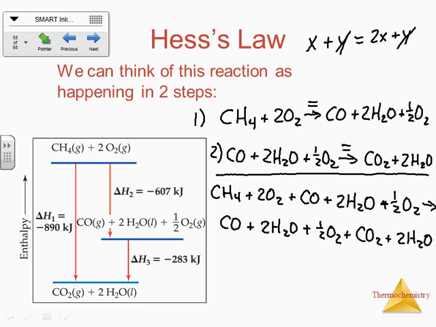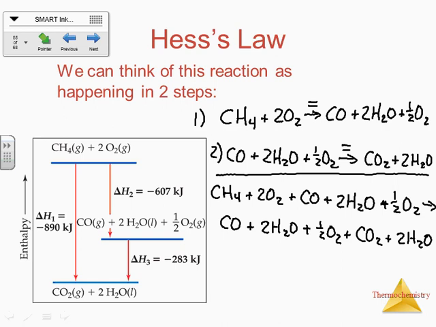If you have the same variable on both sides of the equation, then you can cancel it out, okay? And you can think about these thermodynamic functions as variables, okay? So we're essentially just writing the net equation, the overall equation here. You can also think of it as a net ionic equation, where you're canceling out things that are the same on both sides.